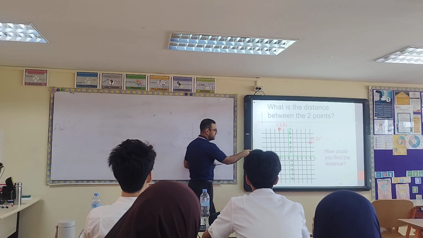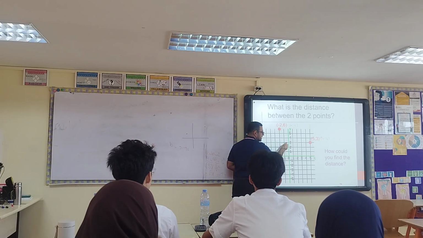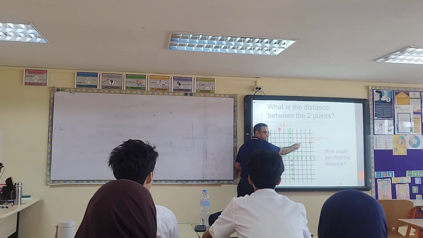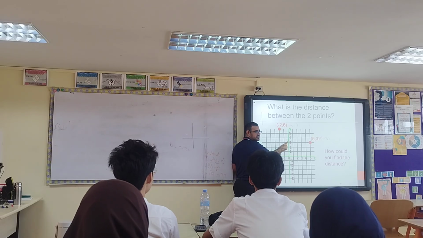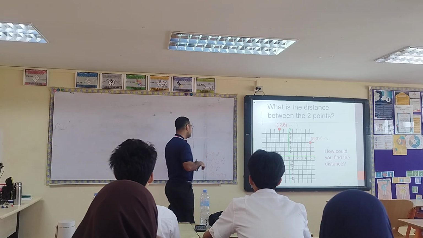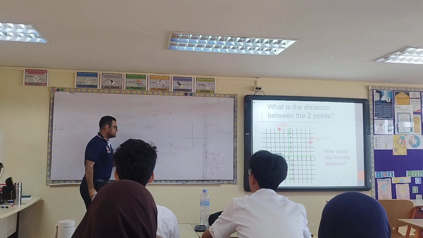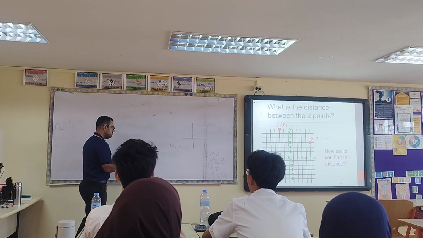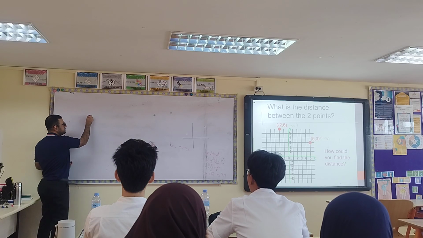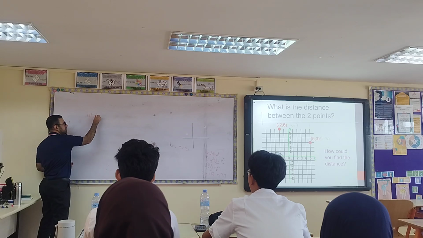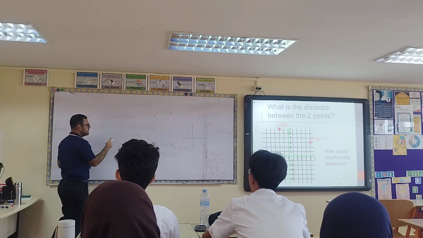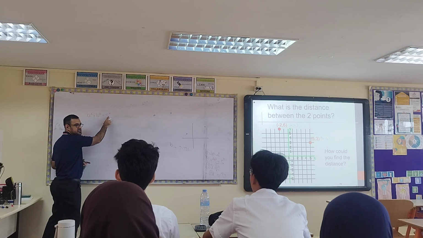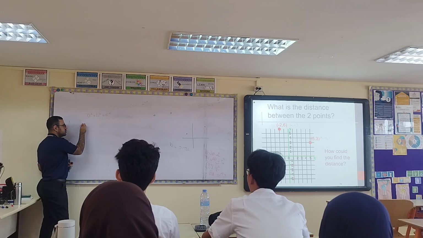When I count the A, I counted all the x's. For B, I count the y's, right? So this is A, this is B. So let's change it again with Pythagoras. The Pythagoras theorem says A squared plus B squared equals C squared. Now the distance, I will call it d. So I'll change this to make it d squared.